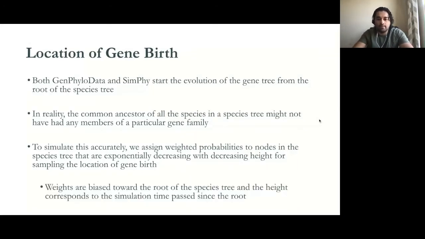And these weights are, of course, biased towards the root of the tree, as otherwise you would end up with really small trees that mostly are near the leaves of the species tree.